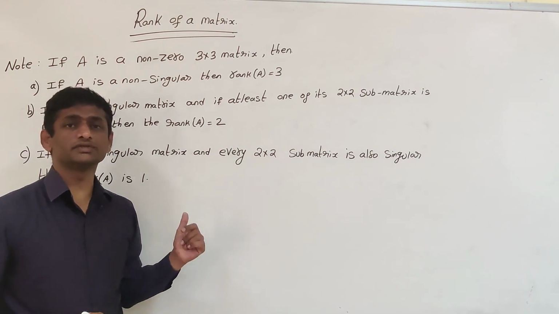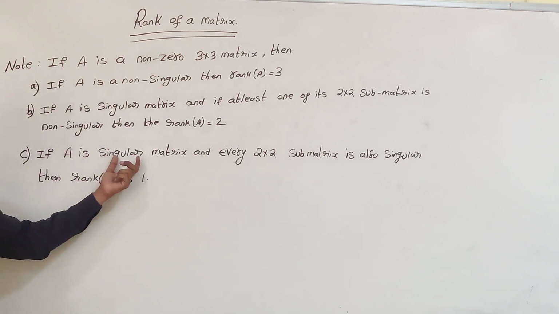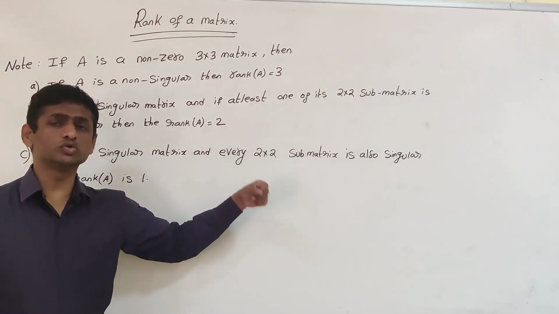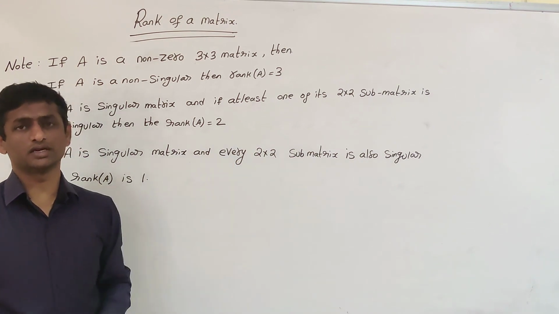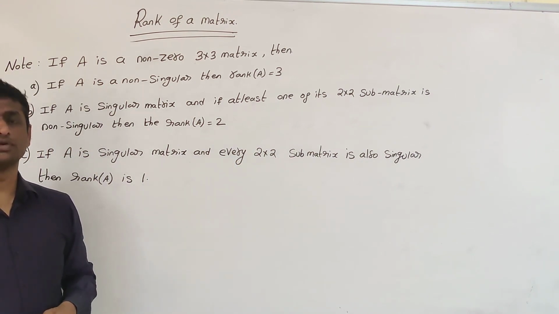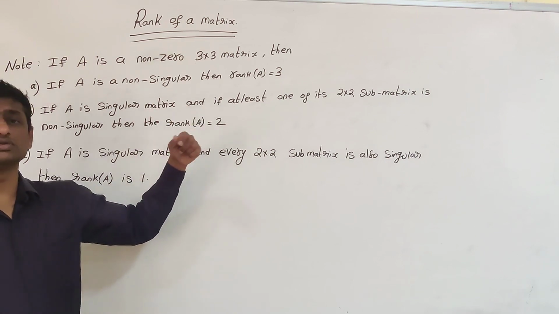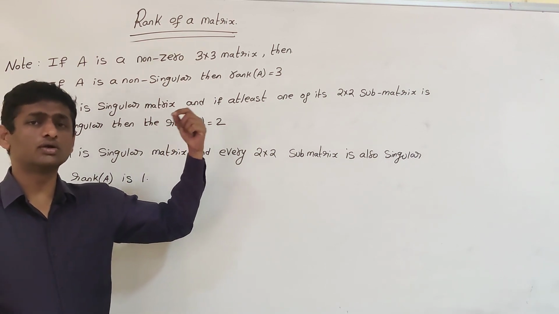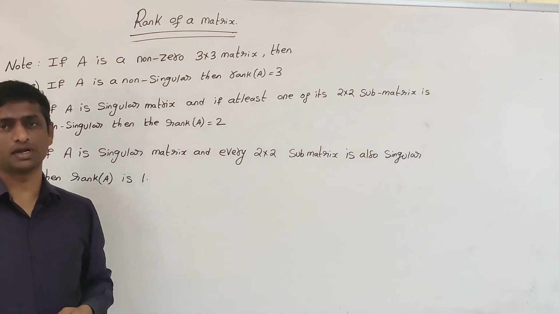But in some cases, if A is a singular matrix and all 2 by 2 square submatrices are also singular, then the rank of the matrix will be 1, because the rank is based on the non-singular square submatrices.